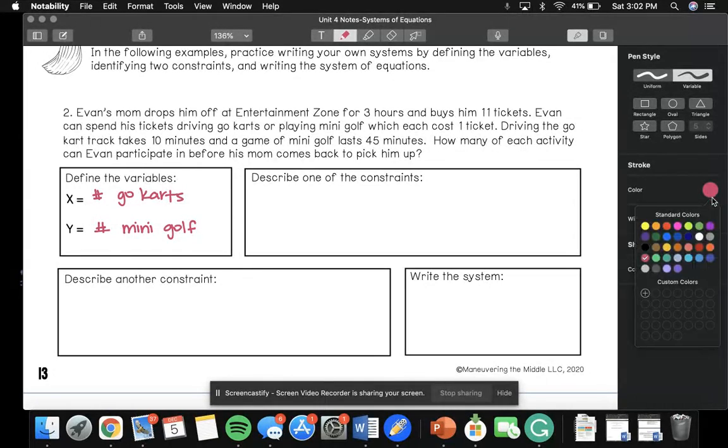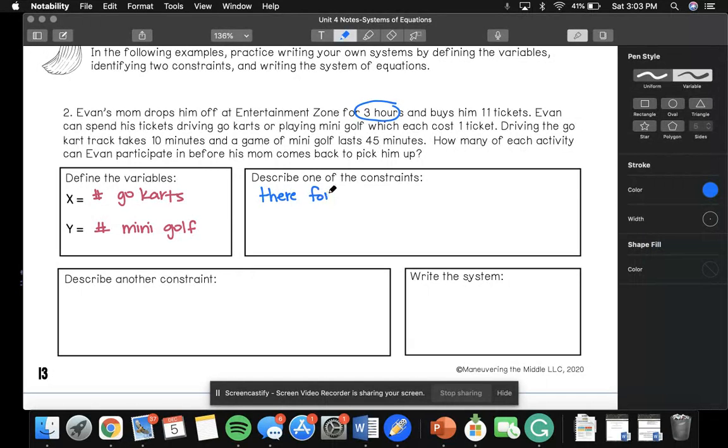Okay. So the first thing we're going to do is explain one of the constraints. And the first thing I notice is that he's there for 3 hours. So I tried to look and find anything else that's talking about time. This is talking about tickets, but it also says driving the go-karts takes 10 minutes.